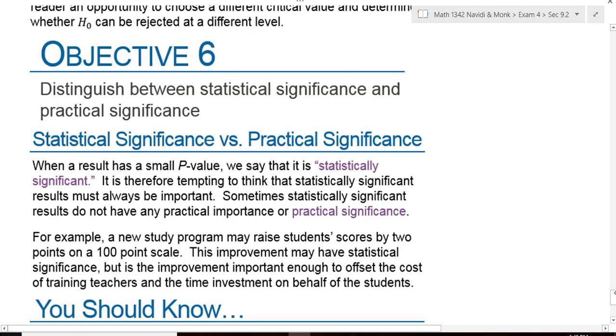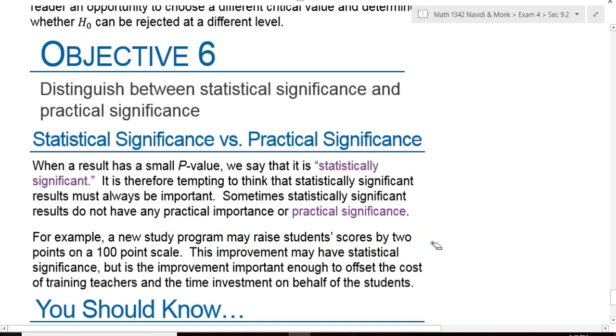Objective 6 is to distinguish between statistical significance and practical significance. When a result has a small p-value, we say that it is statistically significant. Anytime we reject the null hypothesis, that just means that we have statistical significance. That may not mean that we have practical significance. For example, a new study program may raise student scores by 2 points out of a 100-point scale.